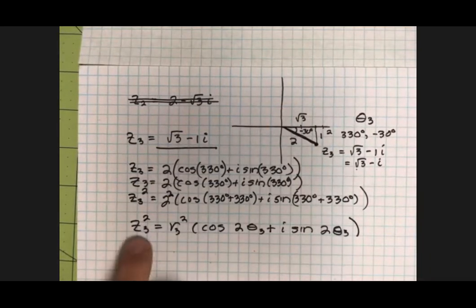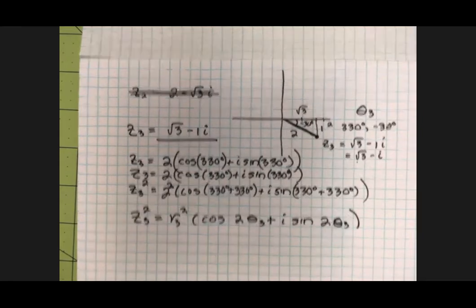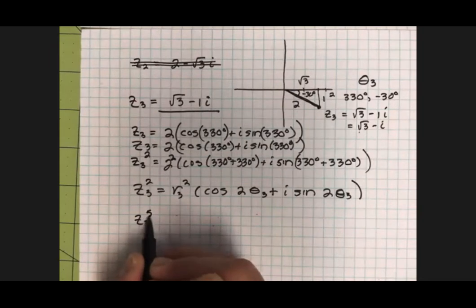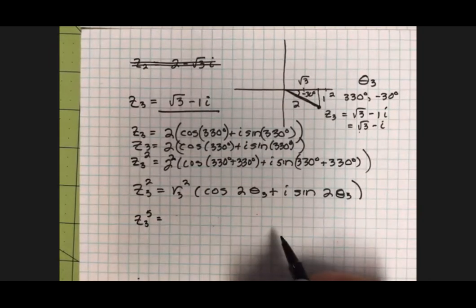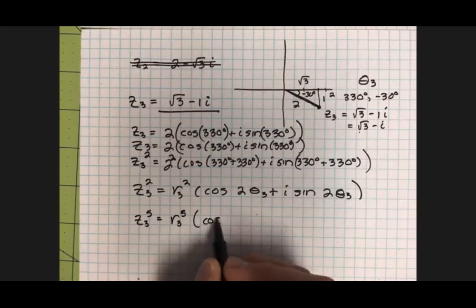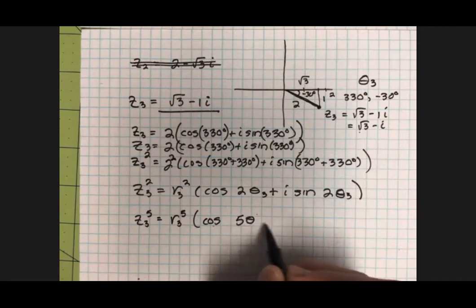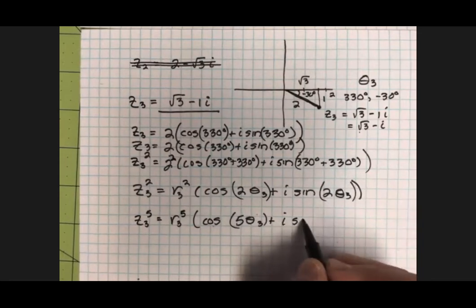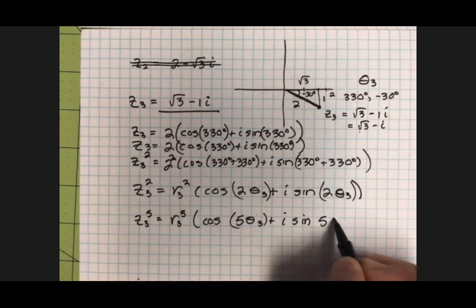That's what happens if I want to square Z3. If I want to raise Z3 to the 5th power, what would I do? Raise r3 to the 5th power and take the cosine of 5 times theta 3 plus I times the sine of 5 times theta 3.